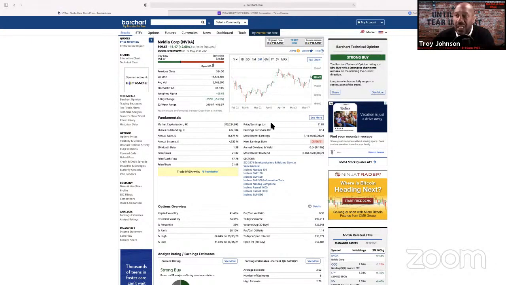So you would like to see the PE ratio and the growth rate on par, near the same figures. If the PE ratio is much more than the growth rate, then you need additional analysis to determine why this stock price is so high. And if it's more than 2 times the growth rate, you really need to understand what the catalyst is that's elevating that stock price.